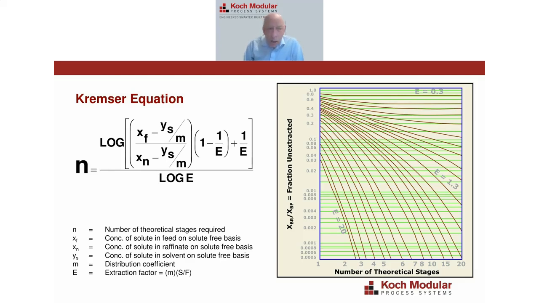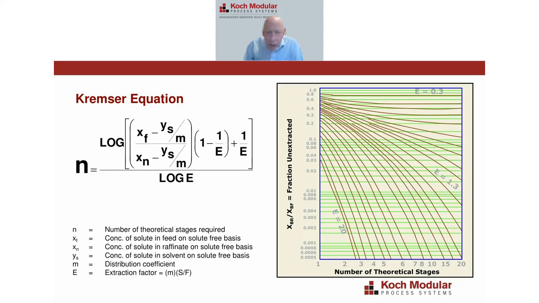So just to give you a quick, simple example, if you were extracting phenol from wastewater using toluene as the solvent, which we've done a number of times, we know the distribution coefficient is pretty constant at about 2. So if we used a solvent to feed ratio of 1 part toluene to 1 part of feed with a distribution coefficient of 2, we'd have an extraction factor of 2, and that's about this curve right here.